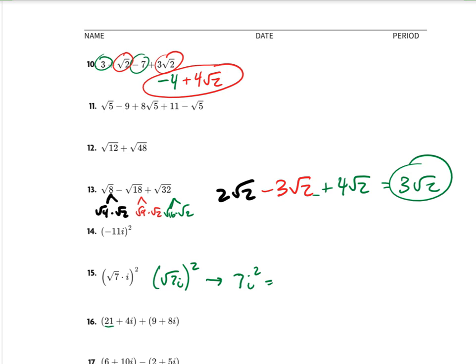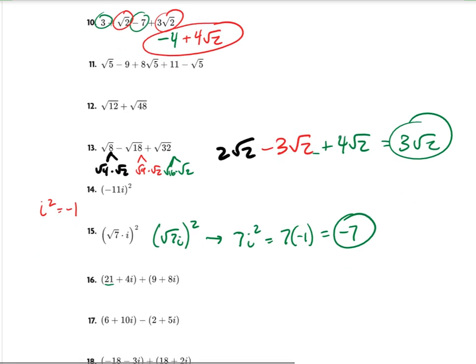So i squared, one of the things we know about imaginary numbers, and this is kind of the first thing we learn about it, is i squared equals -1. So this ends up being 7 times i squared, we said, is negative 1. So that gives us negative 7.